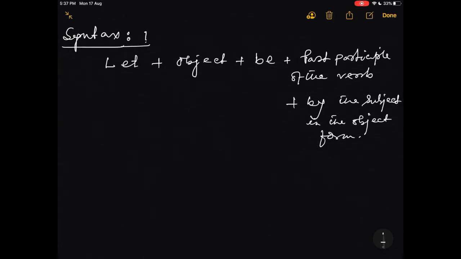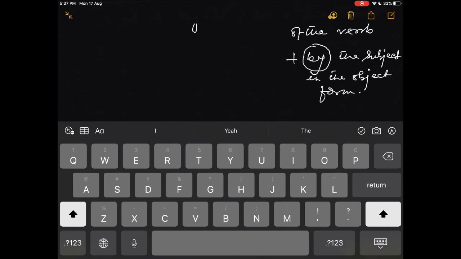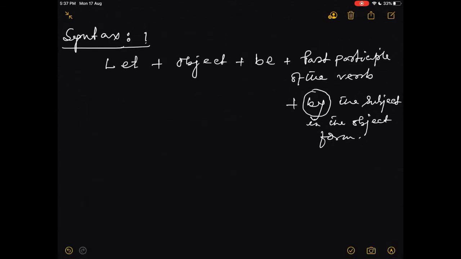So, see, let, then object, then be, then past participle of the verb, then by, then after that the subject in the object form. To understand this, we will change the voice of those 4 sentences.